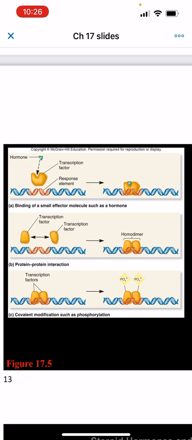Yeah. Are we going to go over the regulations for the hormones? So, basically, when you think about hormonal regulation, that is one of the more simple things to understand, because either the hormone is present or not present. If it's present, it can bind the transcription factor. The transcription factor is going to change its shape, and it's going to go bind the thing. Right?